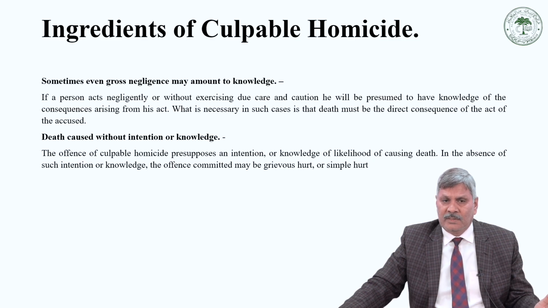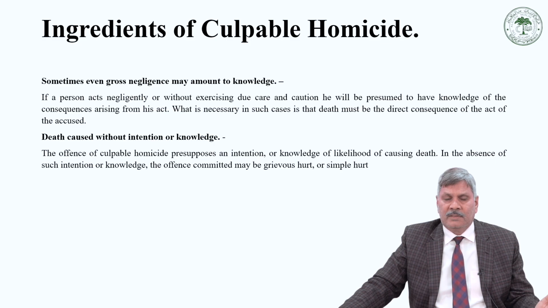What happens in those cases where death is caused without intention or knowledge? The offense of culpable homicide presupposes an intention or knowledge of likelihood of causing death. In the absence of such intention or knowledge, the offense committed may be grievous hurt or simple hurt, as the case may be.